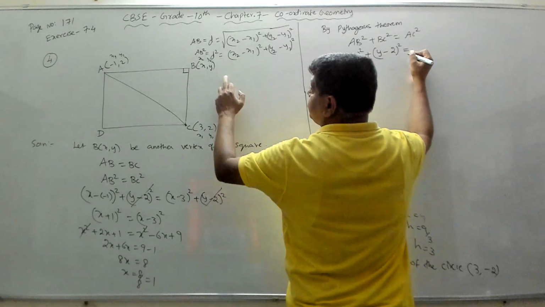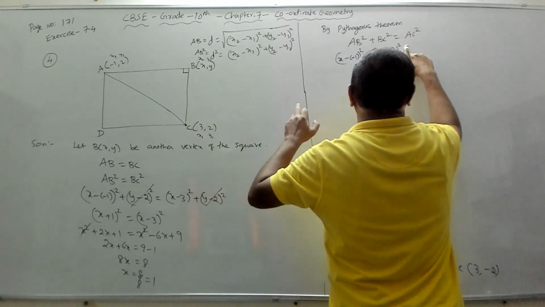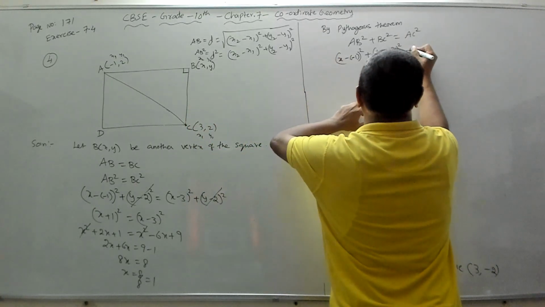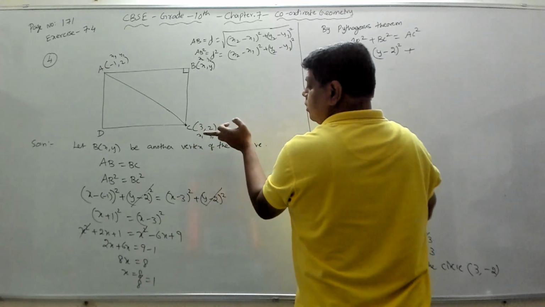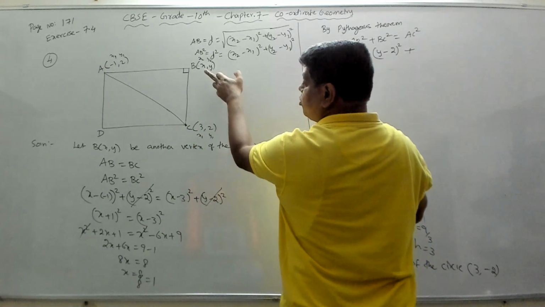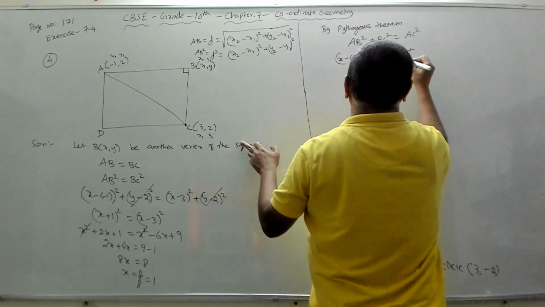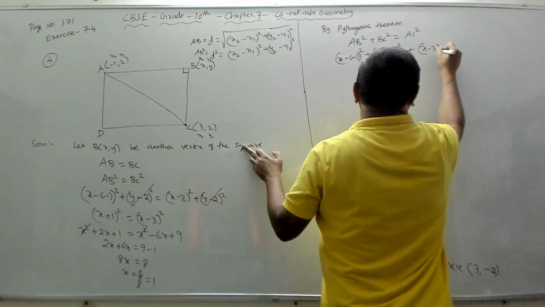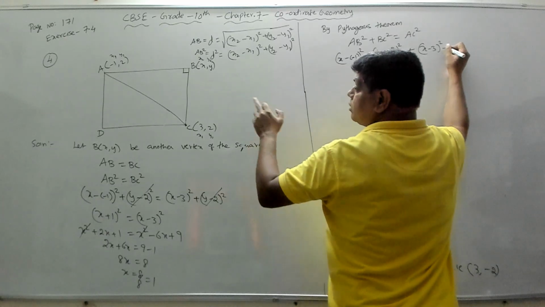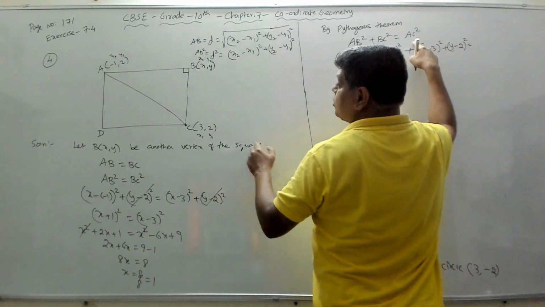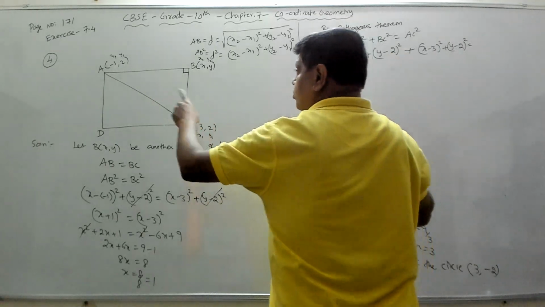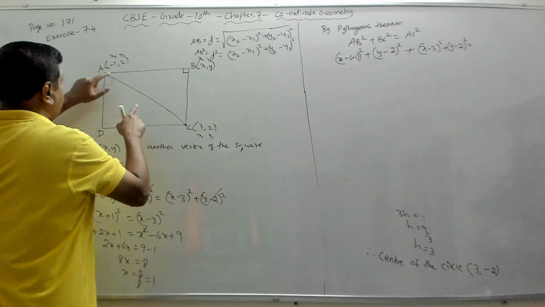Equal to, now sorry, plus this is your AB square plus BC square. BC is these two. So again we'll apply x2 minus x1, which means this one, x minus 3 the whole square plus y minus 2 the whole square equal to AC square. We'll take the distance between these two. We can take any one as x1 y1, x2 y2.